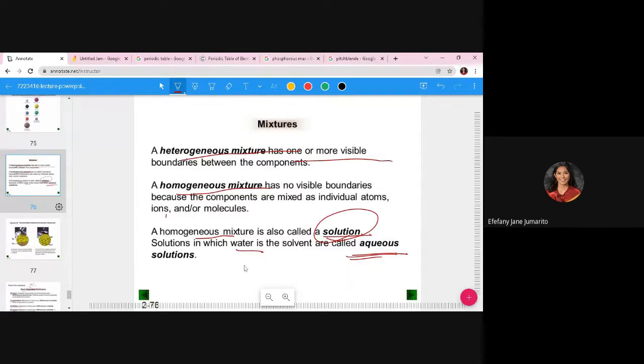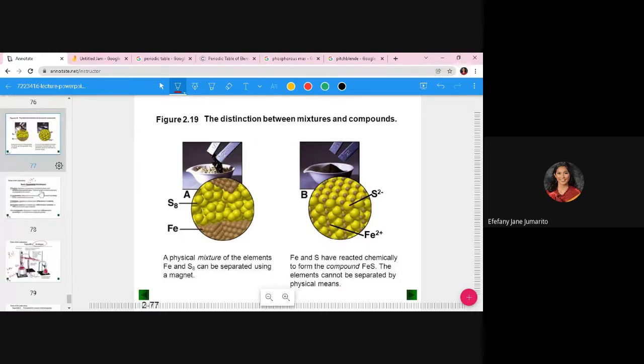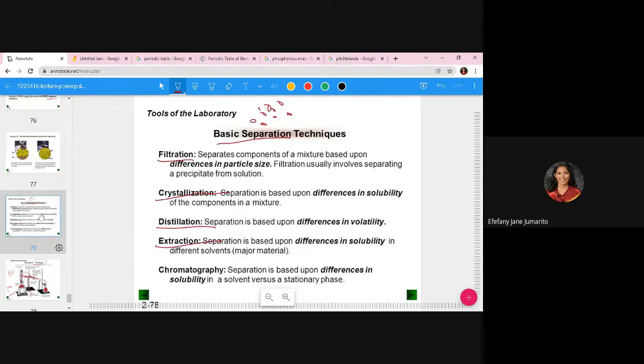Then we can also have aqueous. When we say aqueous, when the imong solvent gamit is water. Because we can have other solvents also. We can use alcohol as solvent. We can use vinegar. So that's not aqueous solution anymore. That's a solution only. Pero kung aqueous, water jud imong gamit.